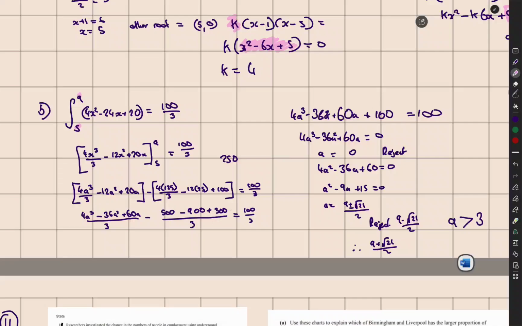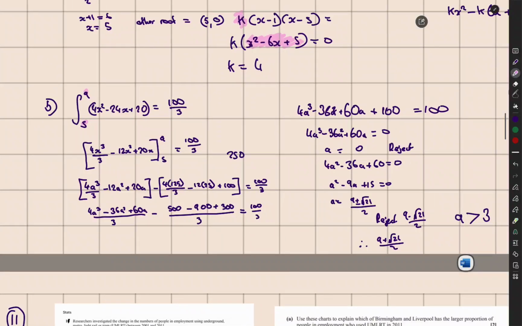Straight away you should see all this is going to just drop down to just 100 over 3. So these last two parts are going to cancel out very, very quickly. As it's divided by 3 and this becomes 0, I can multiply both sides by 3 and you end up with this, and then you can solve very quickly for your values.